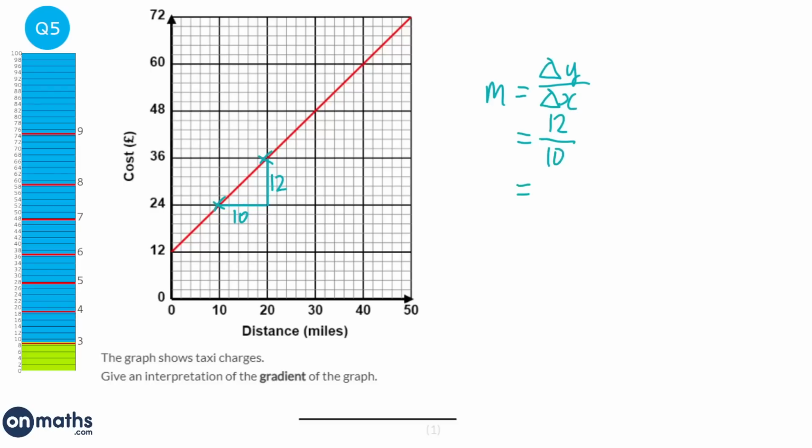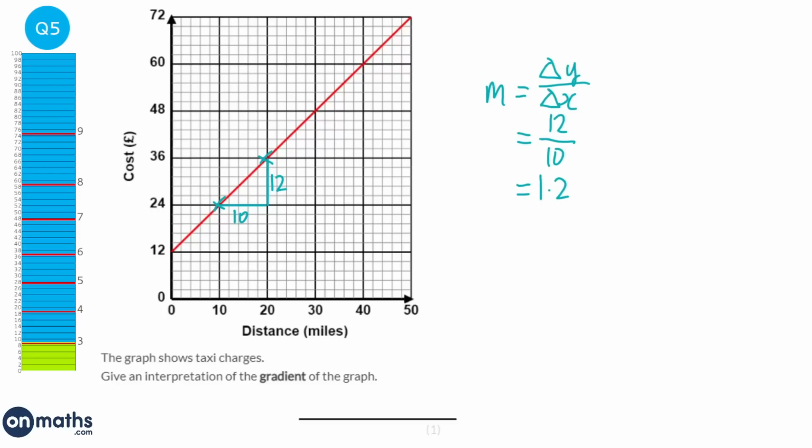So it's 12 divided by 10, which is 1.2. Now a gradient represents the amount of change in the y per one change in the x. So for every 1 mile we travel, it's going to cost 1.2 more.